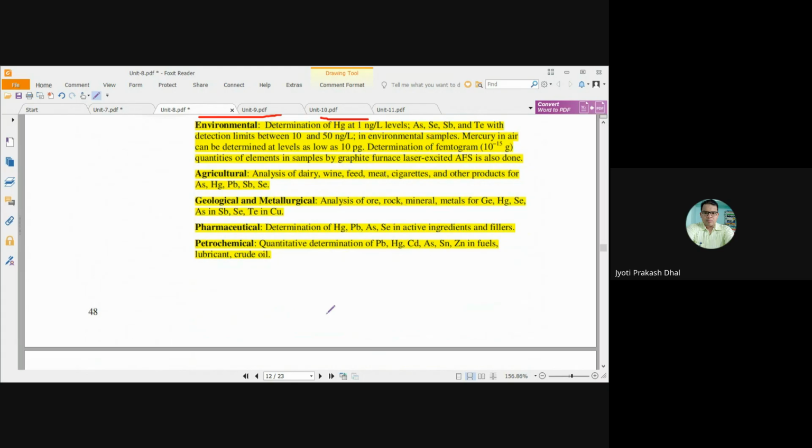Then geological and metallurgical application for analysis of ore, rock, mineral, metals for germanium, mercury, selenium, arsenic and antimony, selenium, tellurium in copper, and similarly pharmaceutical application for determination of mercury, lead, arsenic, selenium in active ingredients and fillers. And for petrochemical, it is used for the quantitative determination of mercury, lead, cadmium, arsenic, tin, zinc in fuels, lubricants, and crude oils.